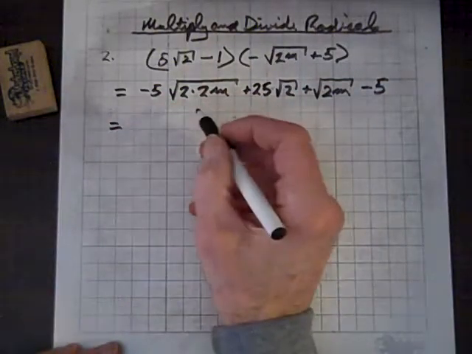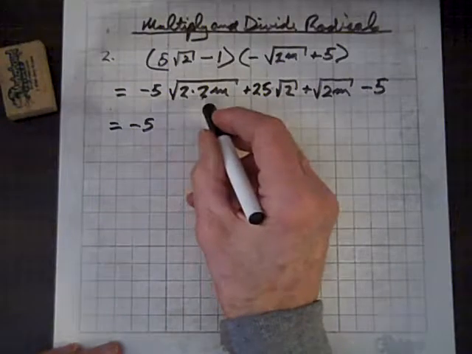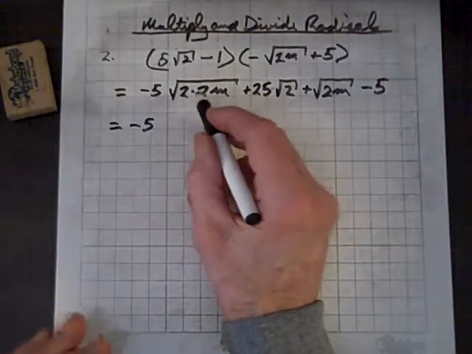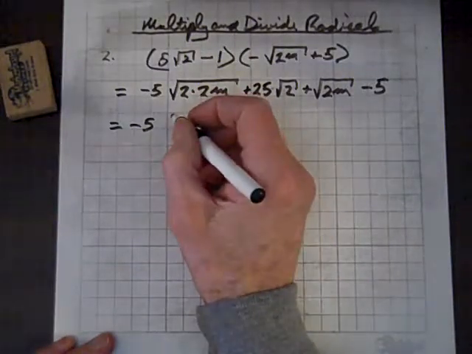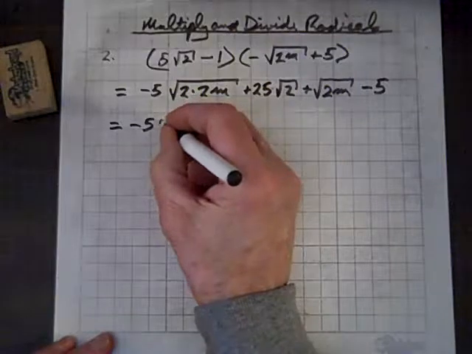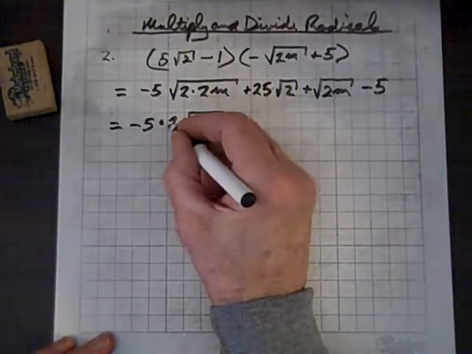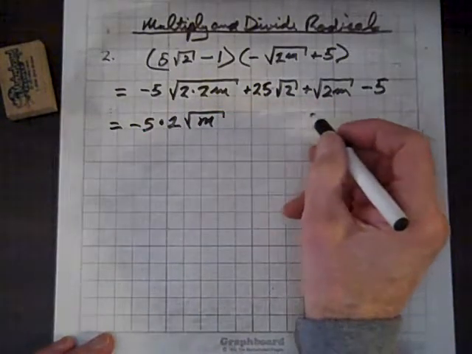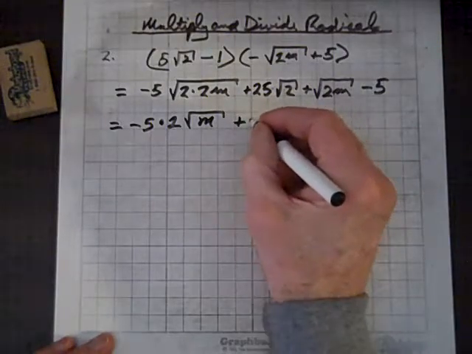And let's see what this equals. So we have this negative 5. Underneath this radical, we have the square root of 2 times 2, which is the square root of 2 squared, which is 2 times 2. And what remains under the radical? Why, that m does. As far as the rest of these, they're all unlike terms.